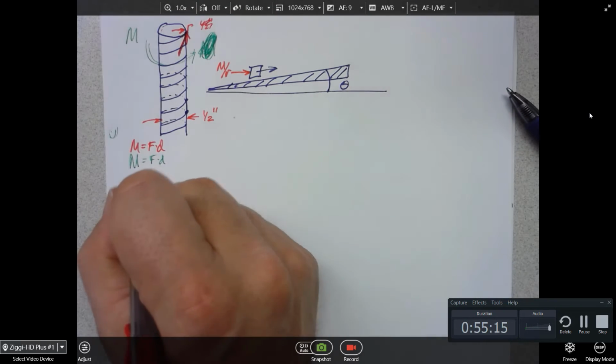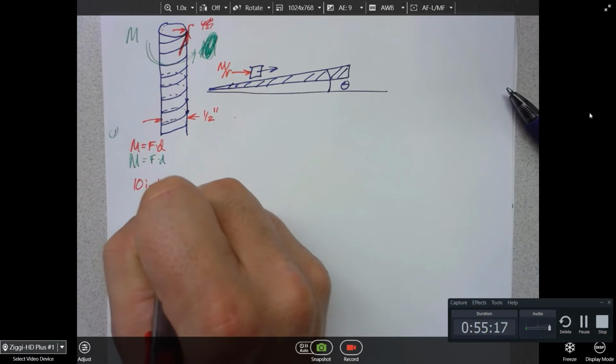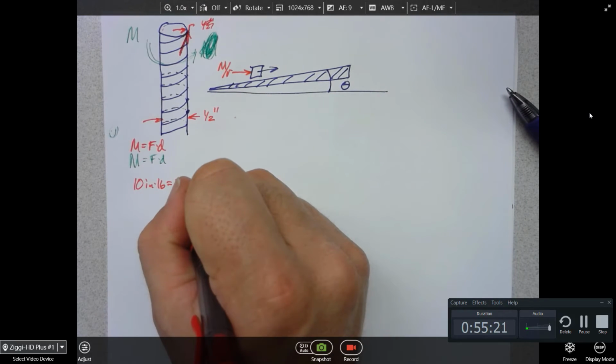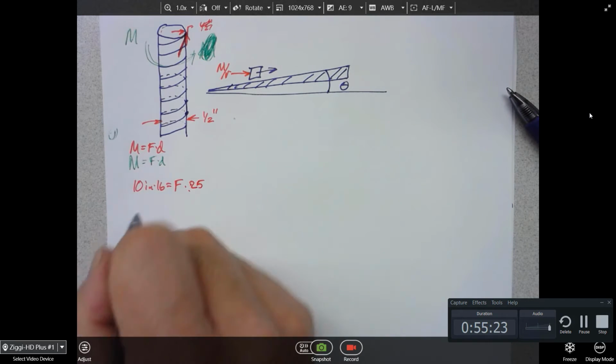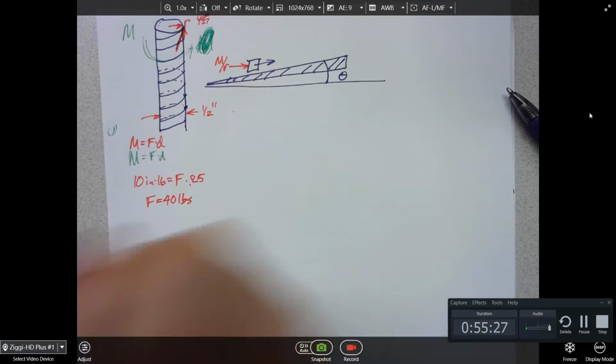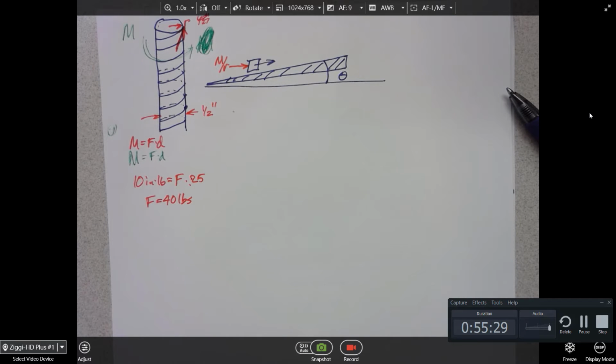I need my moment, 10 inch-pounds, to equal some force, but I know the lever arm is just 0.25. So F has to equal 40 pounds. Does everyone understand where I'm getting 40 from?